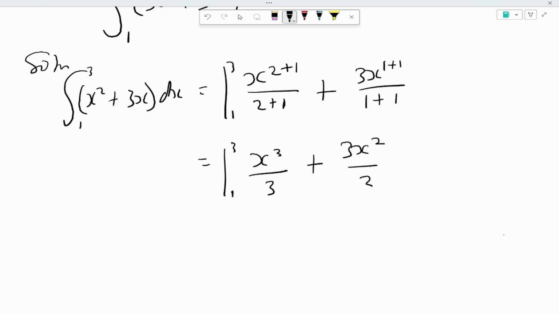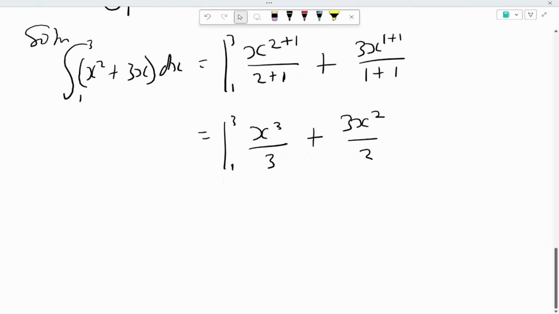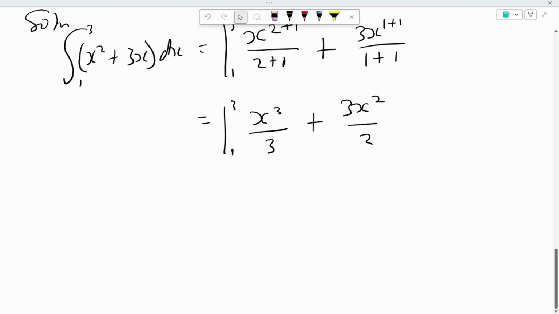Now, what you do with the limit is to substitute it for x. You substitute the upper limit for x on one side and the lower limit for x on the other side. You can do them simultaneously, or you can do them separately.